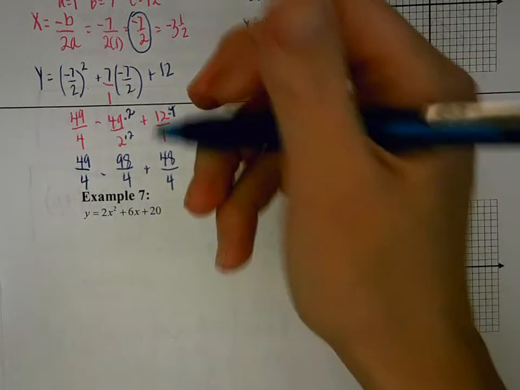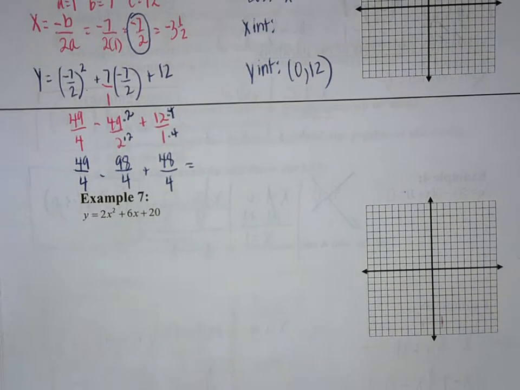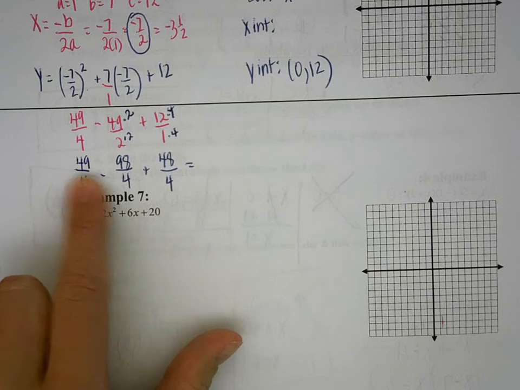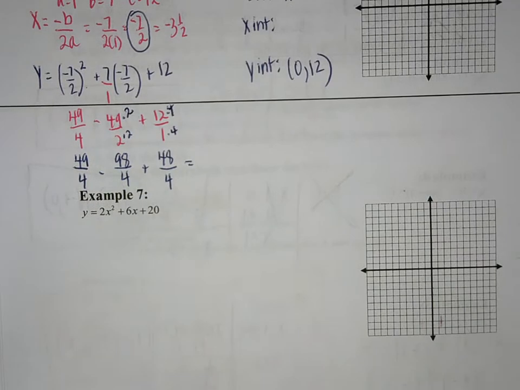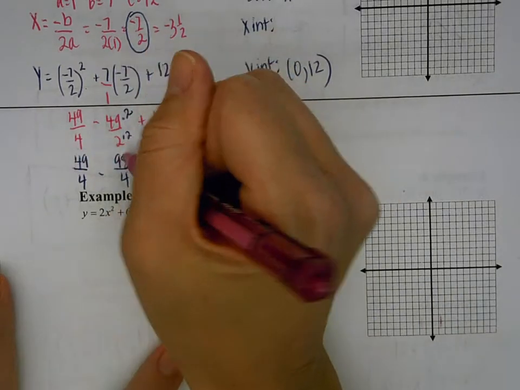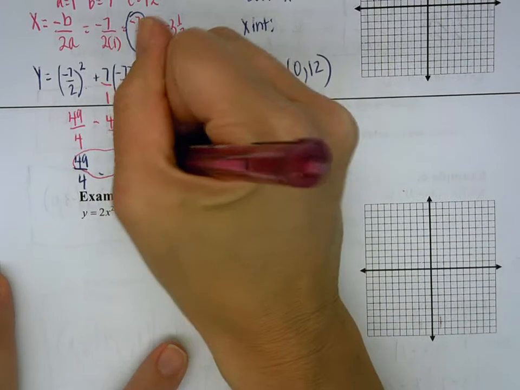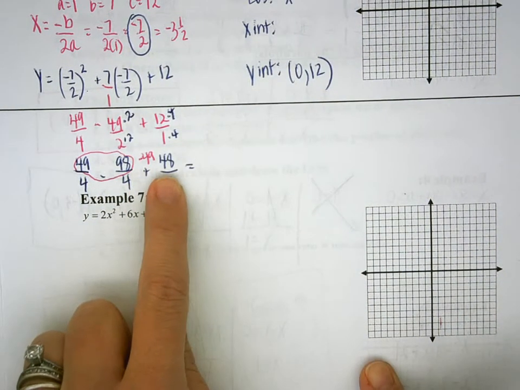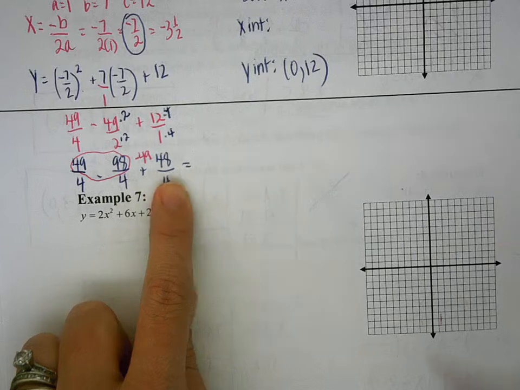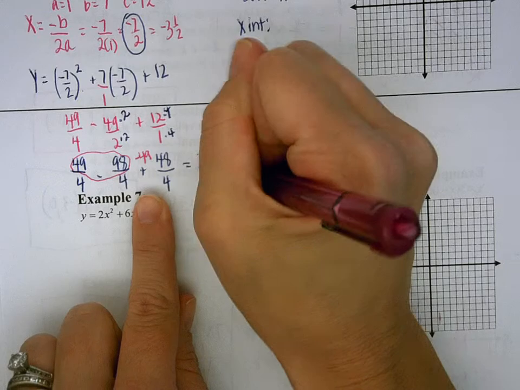And then we have to go through and combine. So 49 and negative 98 makes a negative 49. Those two make negative 49, and then negative 49 plus 48 makes negative 1 over 4.